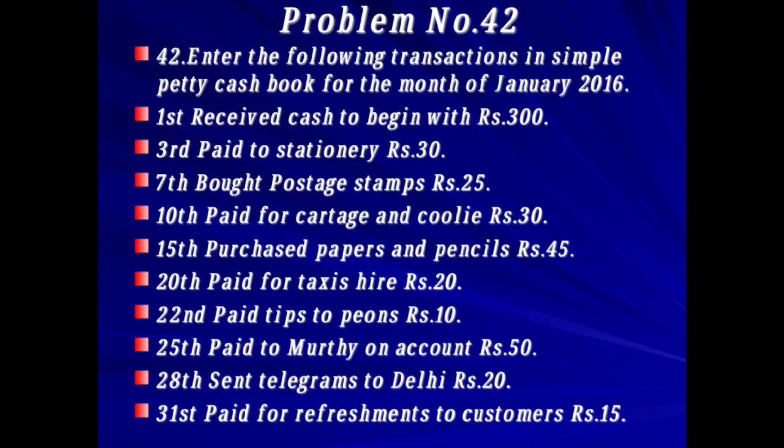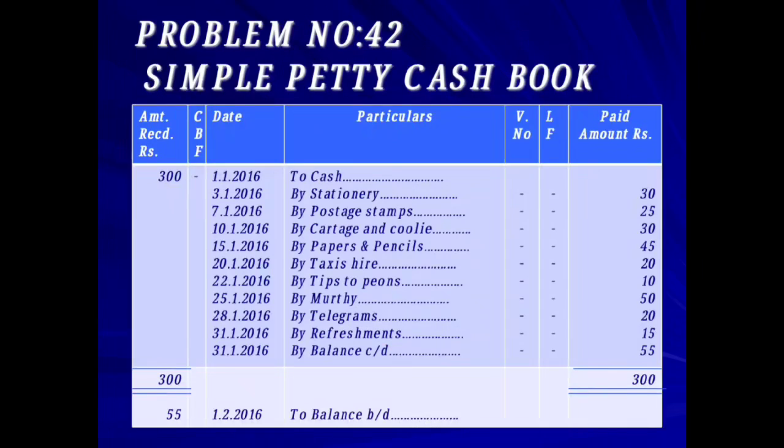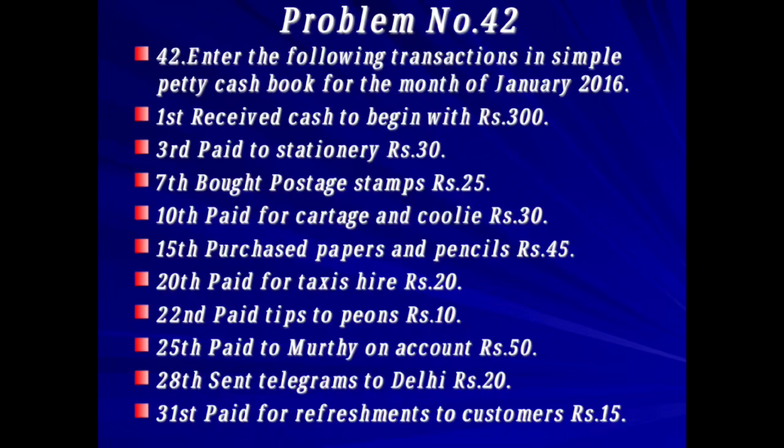The next, on the 7th, bought postage stamps rupees 25. We have purchased postage stamps, rupees 25 here. So on 7/1/2016, by postage stamps, 25 rupees. The next, on the 10th, paid for cartage and coolie rupees 30.